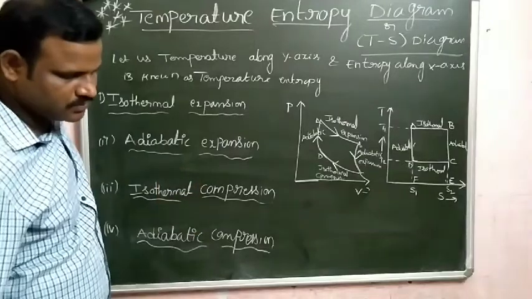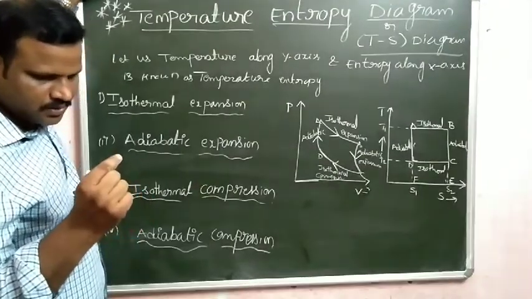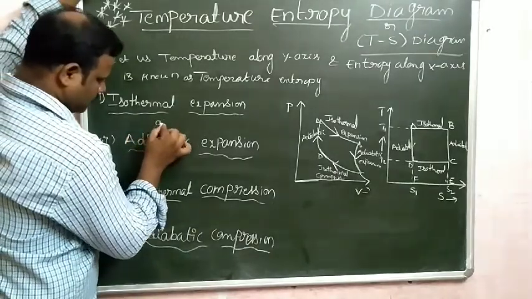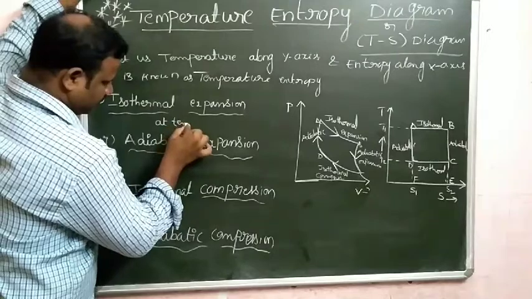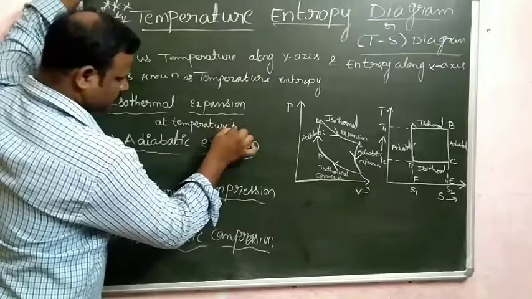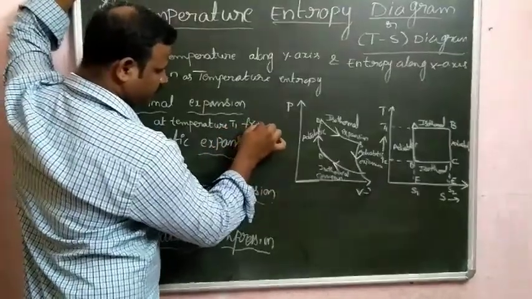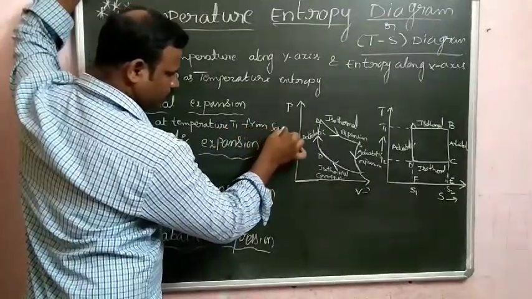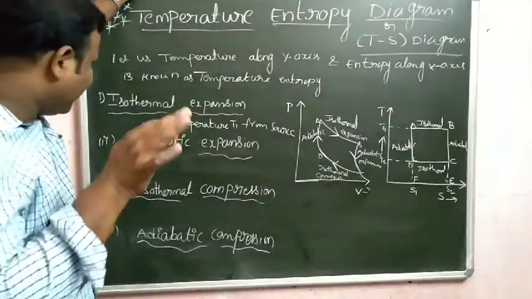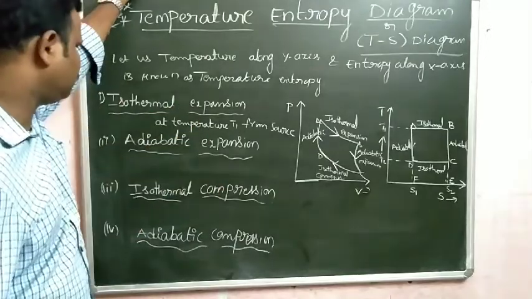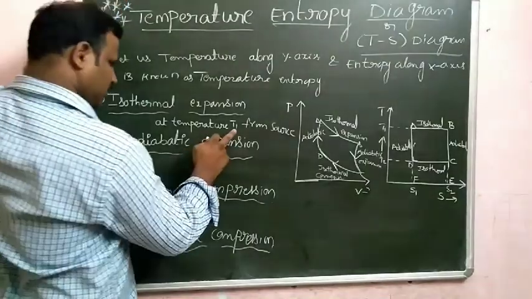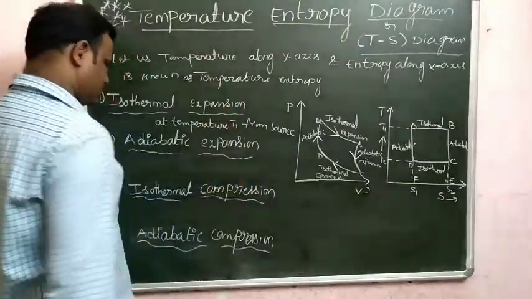Isothermal expansion is at a temperature T1 from the source.